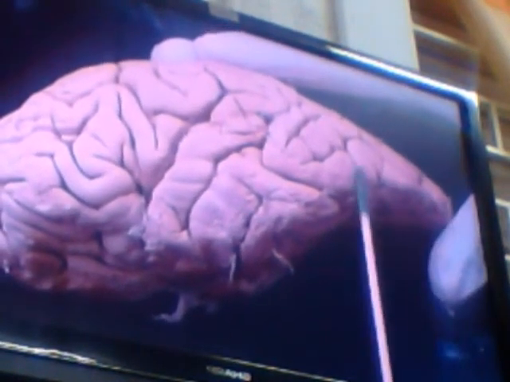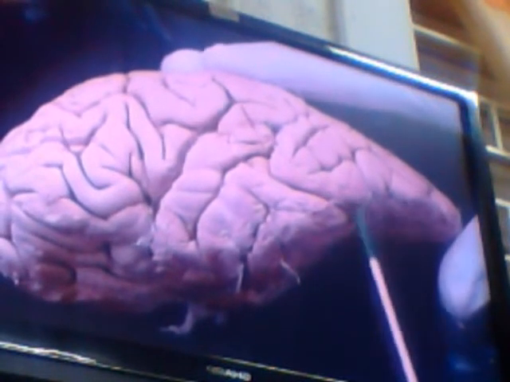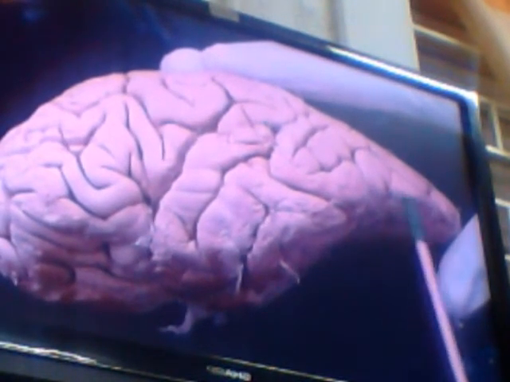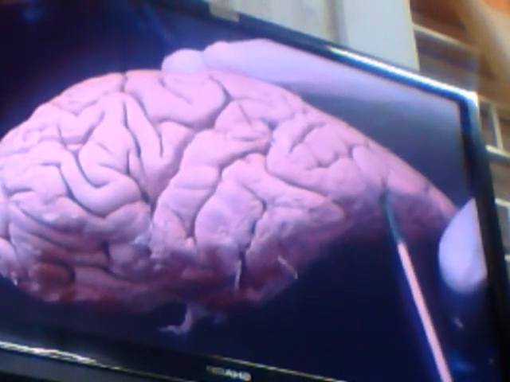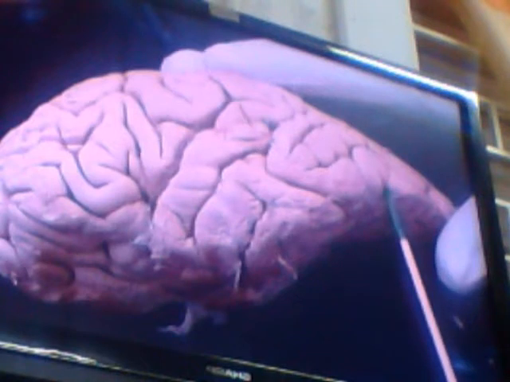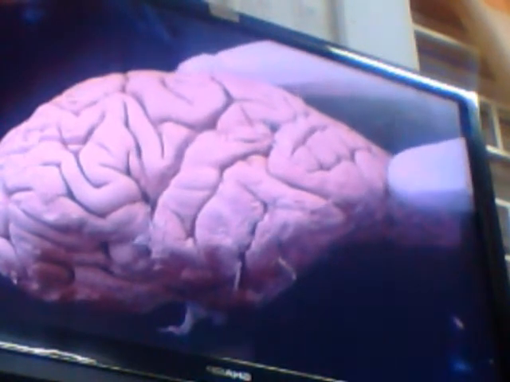What do you call this place right here? This area right here is referred to as the pre-occipital notch.